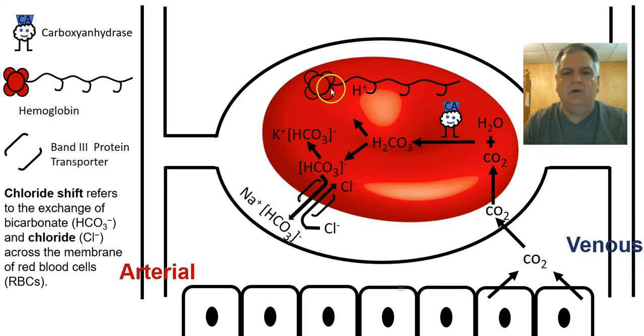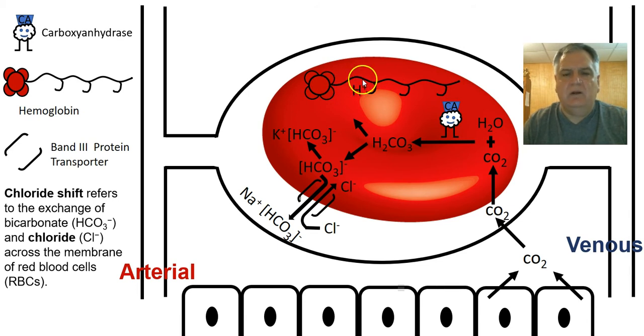Now the hemoglobin can do this because remember, this is the heme unit right here, the iron containing unit, and here's the globin portion, which is the protein portion. Remember, the protein is made up of a chain of amino acids.